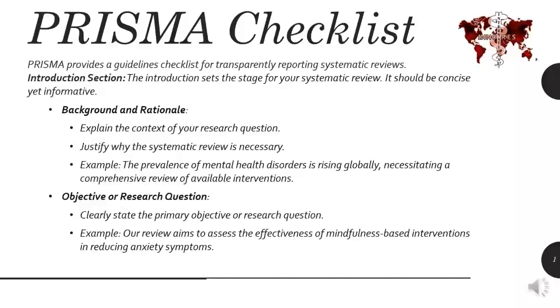Next, we move to item 4. Item 4 of the Prisma checklist refers to the objectives or the research questions. In this particular section, you want to clearly state all your objectives and talk about your research question.